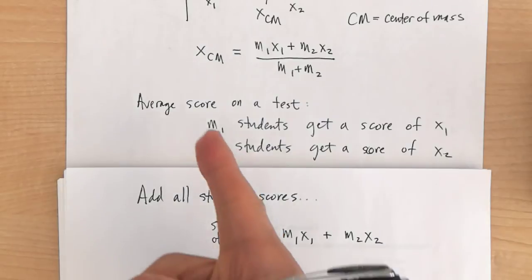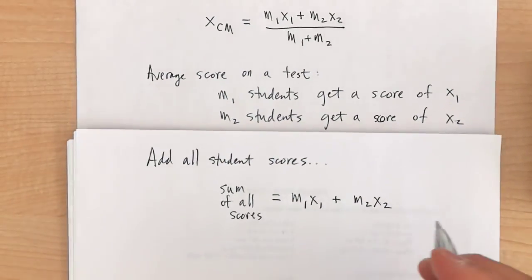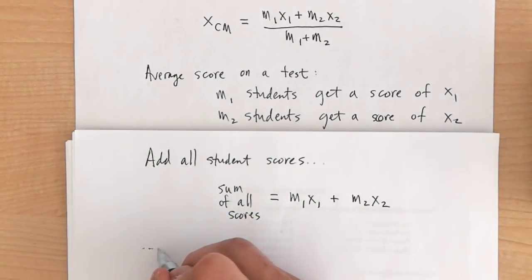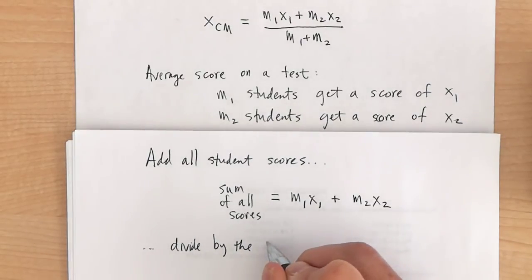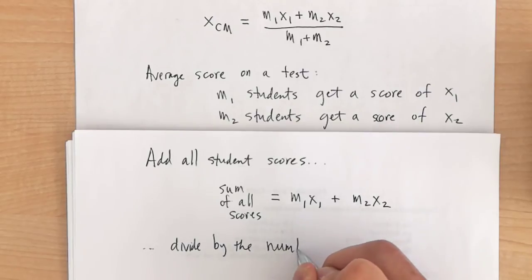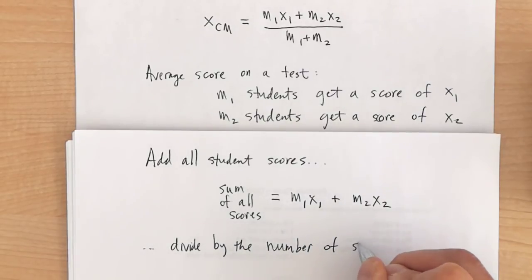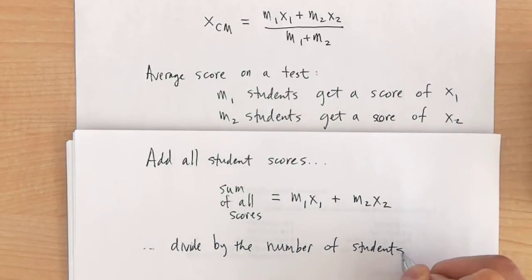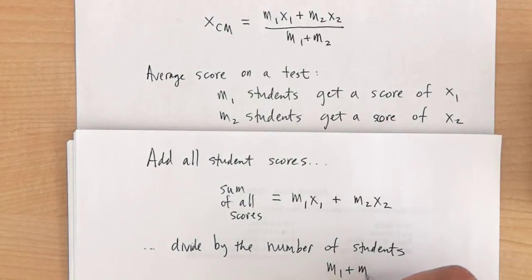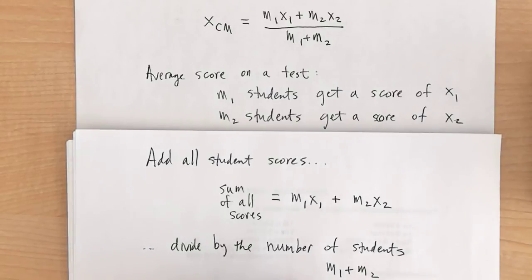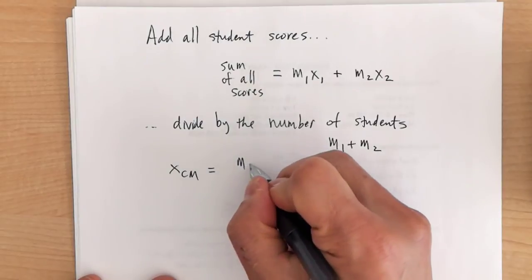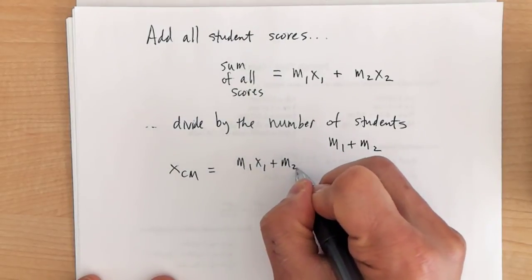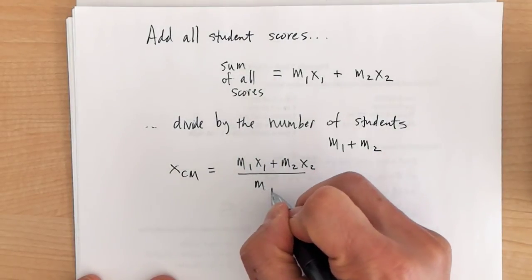And then what we need to do to get the average score on the test is divide by the number of students, the total number of students, which is just m1 plus m2. Okay, so then we get that the center of mass, or the average score on the test, will be m1 x1 plus m2 x2 divided by m1 plus m2.